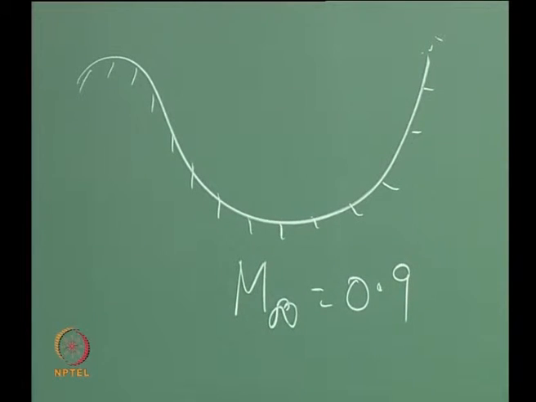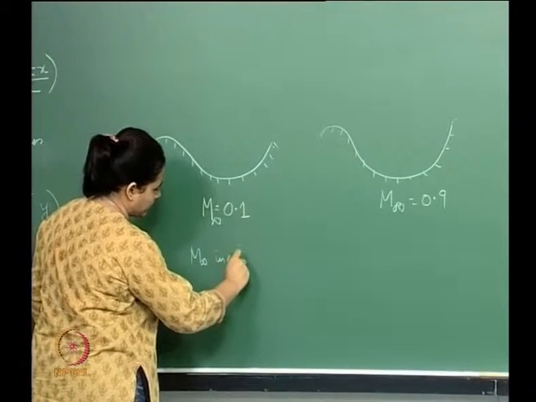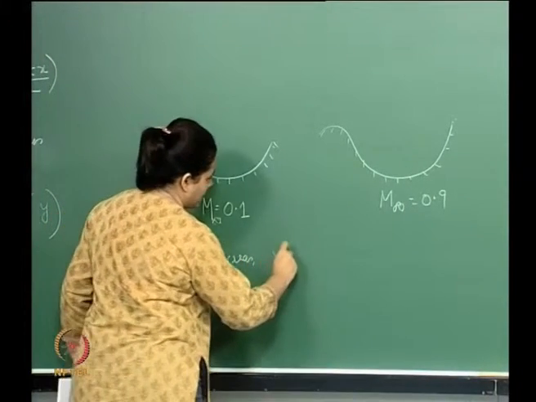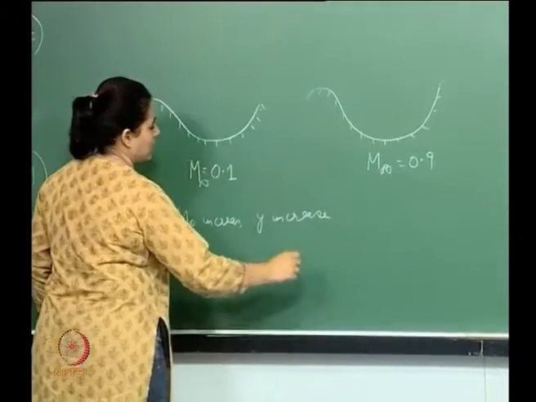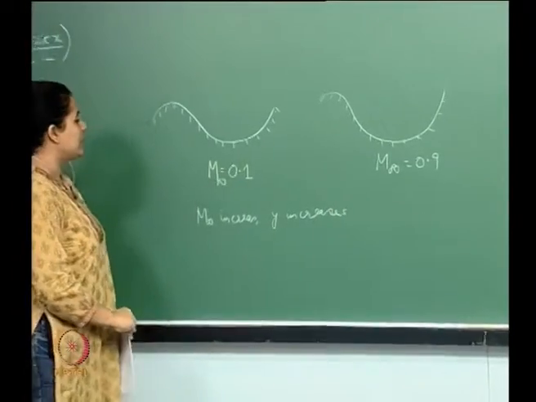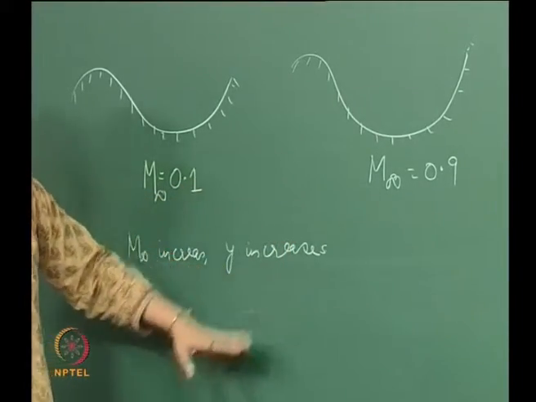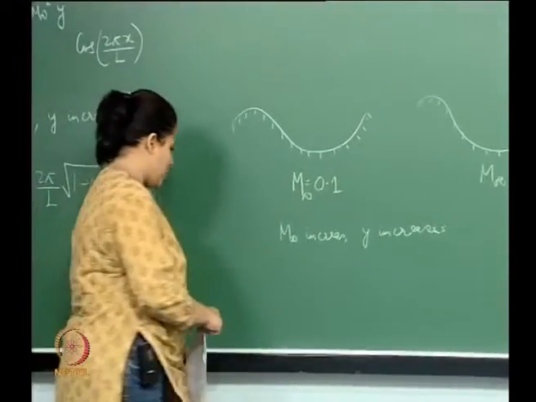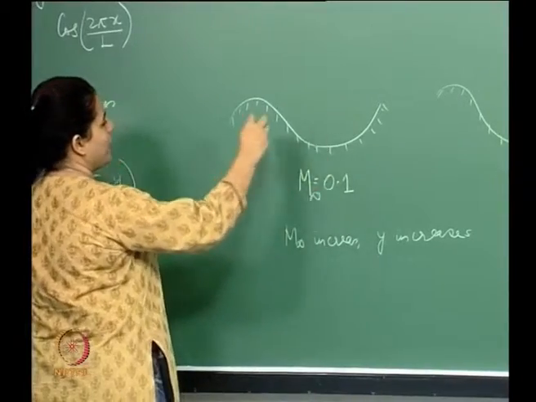Now what we said is that if Mach increases, y has to increase. So Mach has increased from 0.1 to 0.9. Now the y has to increase. What does that mean? What that means is that in this particular case, you have the disturbance.